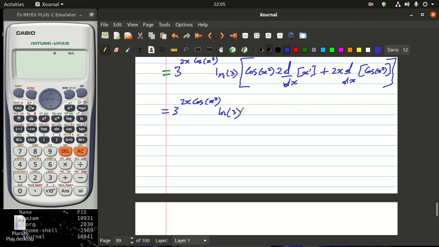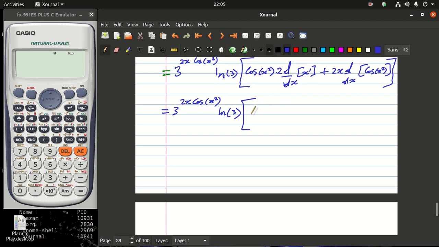ln of 3, and then inside here we know, using the power function, we can always know that this one you bring the exponent down and then you subtract a 1 there, and then 1 minus 1 is going to be 0. X raised to 1 minus x raised to 0 is just a 1, so we will end up having a 1 here as a derivative.